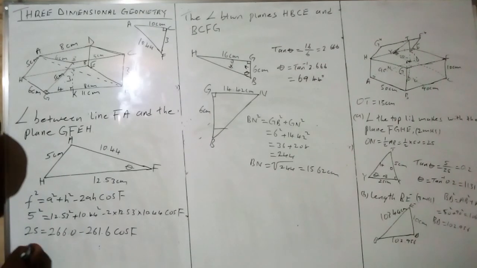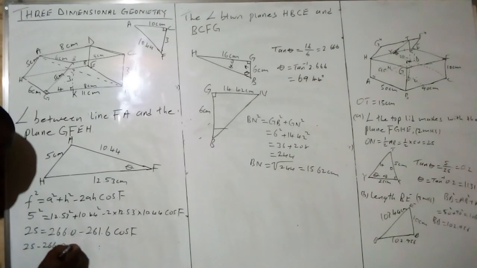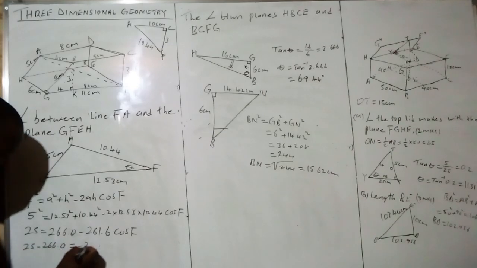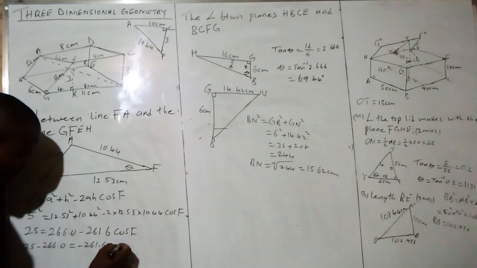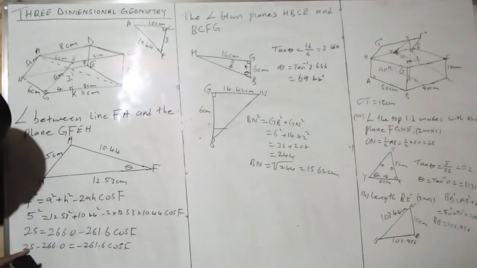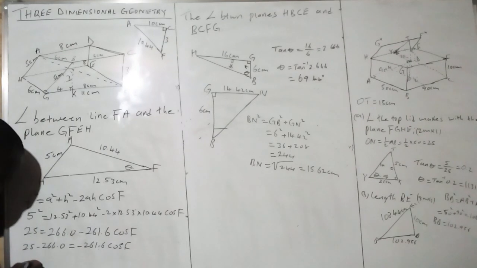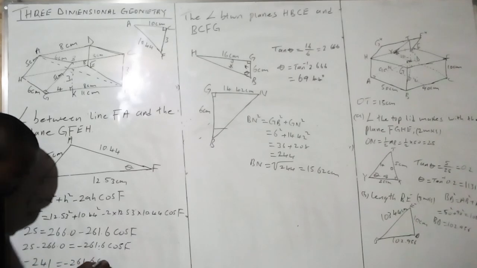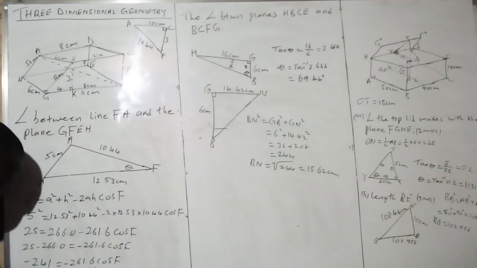Then cos F, like terms: 25 minus 266.0 is equal to negative 261.6 cos F. We say 25 minus 266, we get negative 241, which is equal to negative 261.6 cos F. Divided by negative 261.6, divided by negative 261.6.